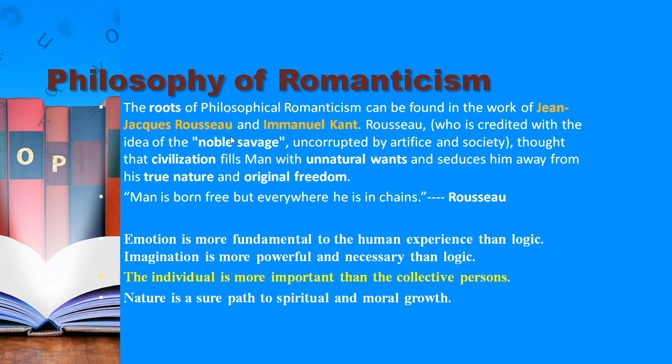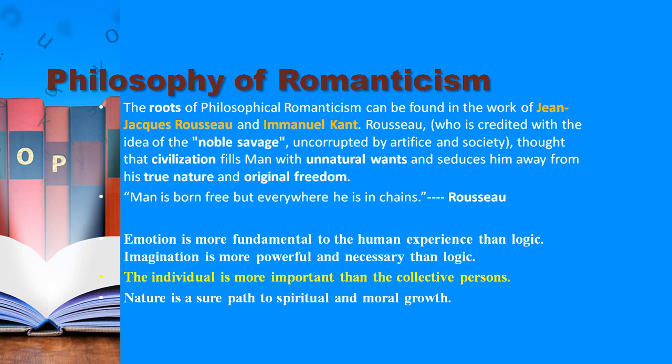Philosophy of Romanticism. The roots of philosophical Romanticism can be found in the work of Jean-Jacques Rousseau and Immanuel Kant. Rousseau, who is credited with the idea of the noble savage, uncorrupted by artifice and society, thought that civilization fills man with unnatural wants and seduces him away from his true nature and original freedom.